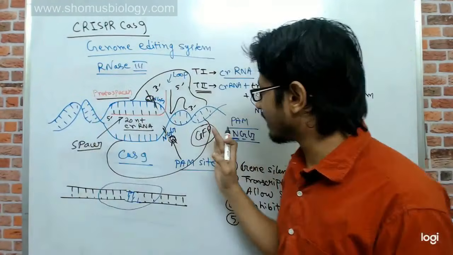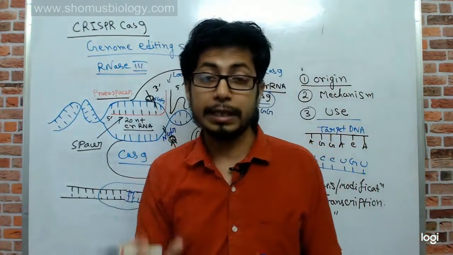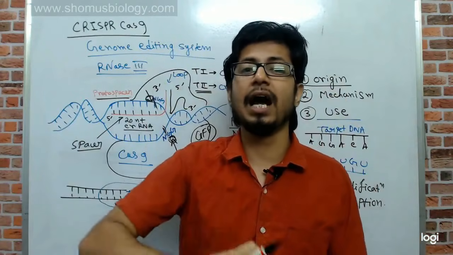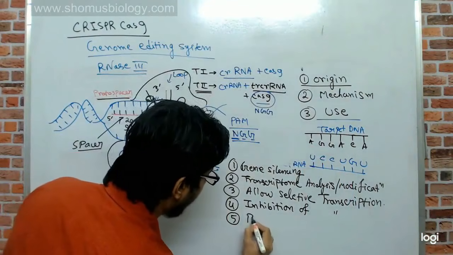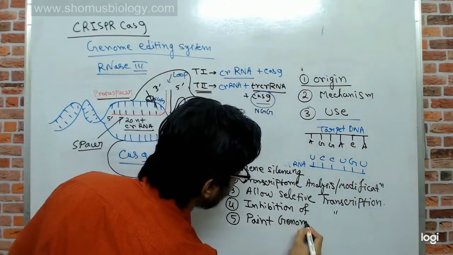So we can attach a green fluorescent protein or any other fluorescent tag to that protein to mark the location of specific genes in our genome. So we can paint, literally we can paint our genome.